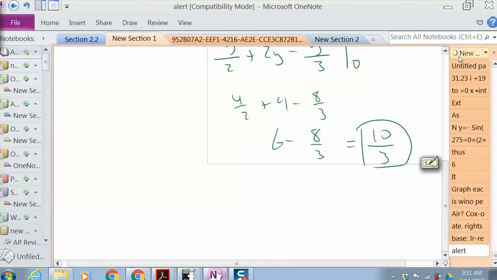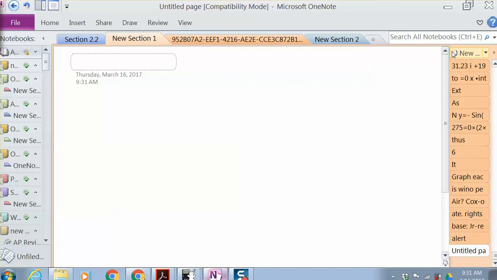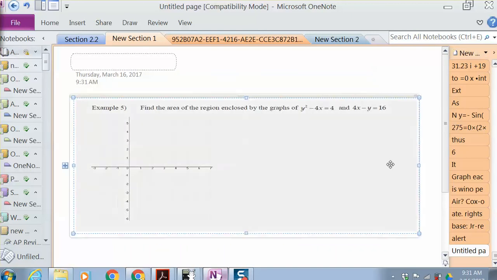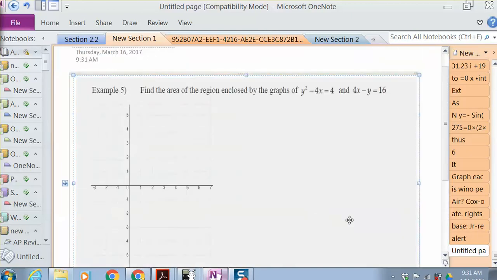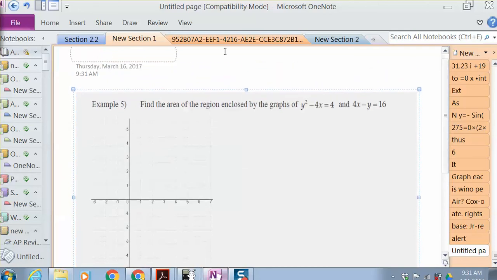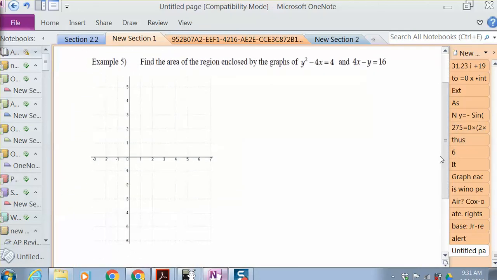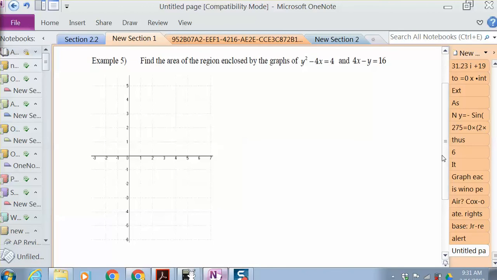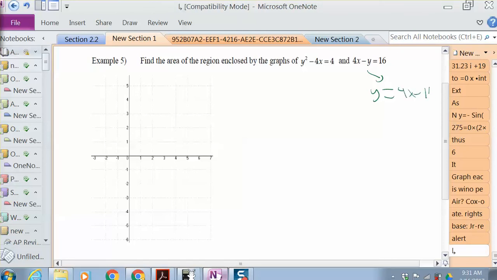Now it would help to sketch each of these graphs if you can. If you can't, you can use your calculator. You don't have to do it by hand if you don't want to. So if I were to graph this, I know it's y equals 4x minus 16.